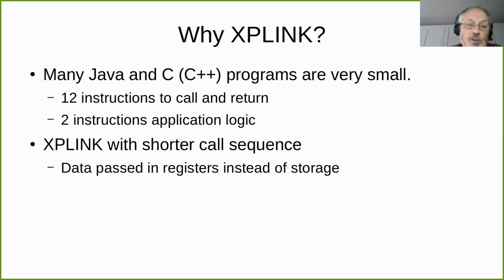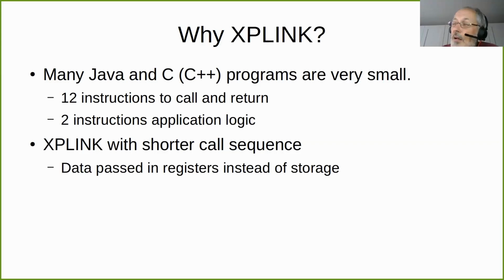A question I was asked was, why do we have XP-Link? If you think about some applications in C and Java, you call a function and the function does nothing much, like, say, set value equals 6. So you've actually a 12 instruction call path length to get there. It does 2 instructions and returns. Now, with XP-Link, basically they can pass parameters in registers rather than storage.